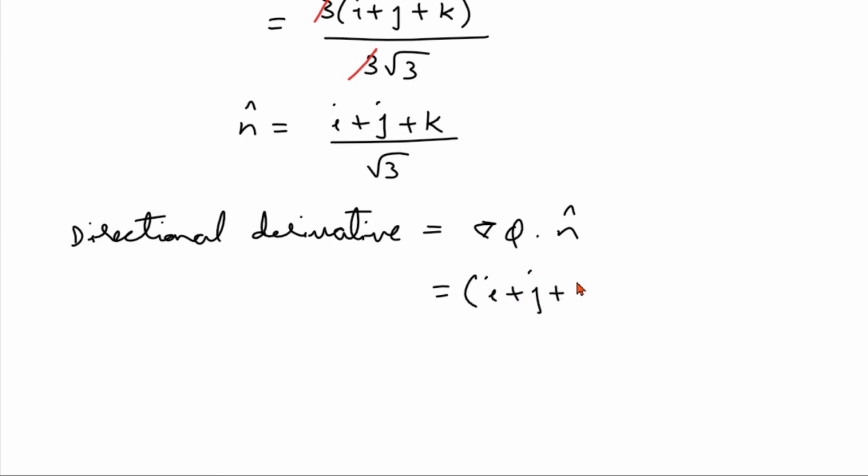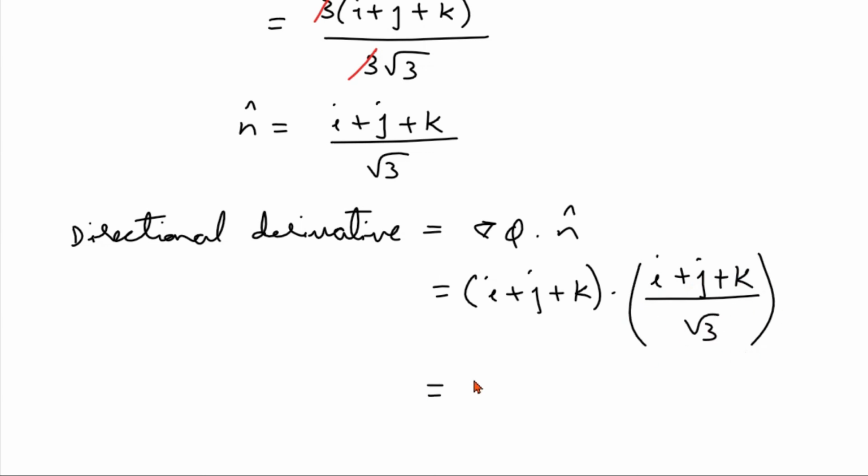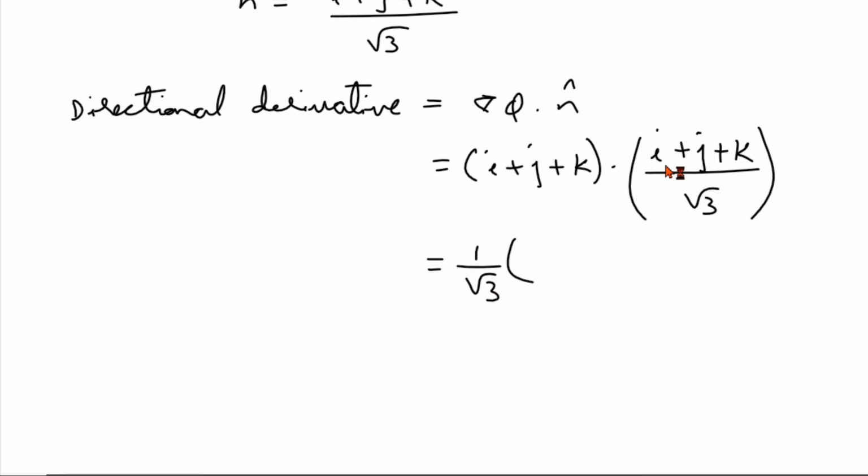Dot n cap, and the n cap value is i plus j plus k divided by square root of 3. I'll take this 1 by square root of 3 common outside. Since it is a dot product, i dot i is 1, j dot j is 1 and k dot k is 1. Therefore we get the value 3 divided by root 3.